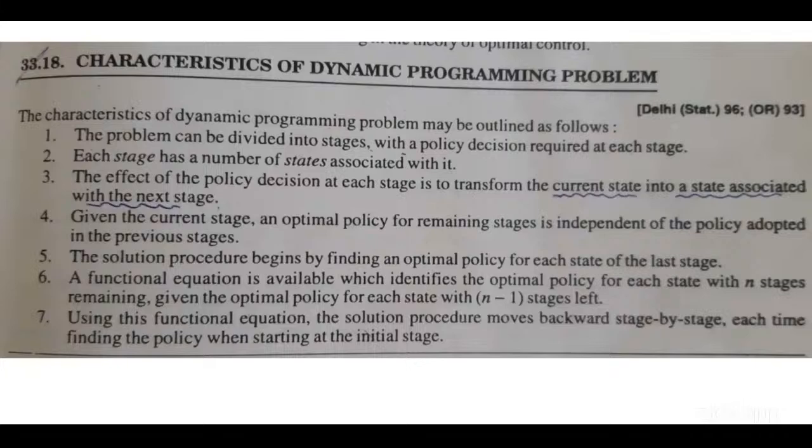And last point, using this functional equation, the solution procedure moves backward stage by stage, each time finding the optimal policy when starting at the initial stage. These are the characteristics of dynamic programming problem.